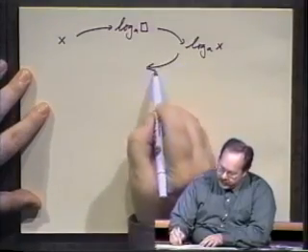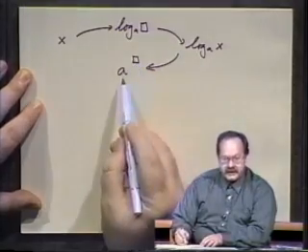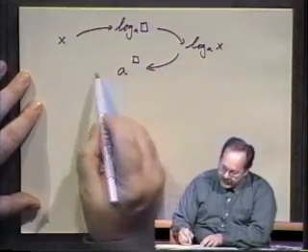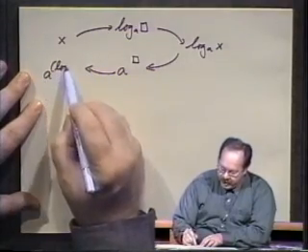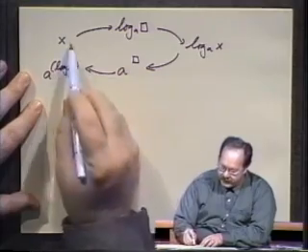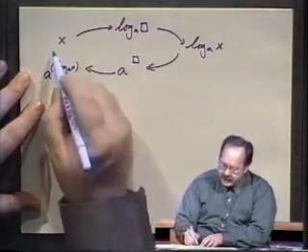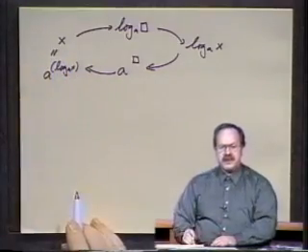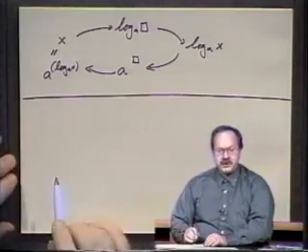Then if I go backwards and I apply the function a to the x, or a to the box, the exponential function, I end up back here with a to the log base a of x. Follow this around. x becomes log base a of x and then is exponentiated. And of course, since they're inverses, those are equal. So that's the process that's happening here in one direction.